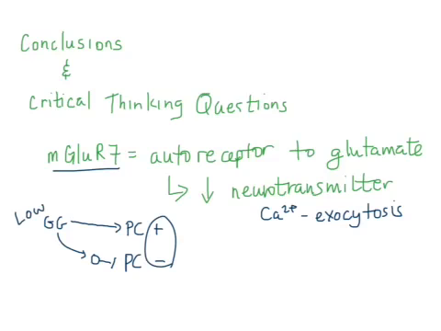The excitatory part at the top and the inhibitory part at the bottom filter out. If we switch then to summarize, with really high levels of signal, we would get lots of excitation from the granule cell directly to the pyramidal cell. We would get lots of excitation here. And this is where the glutamate receptor 7 is going to shut off. Right here, it's going to shut this off.